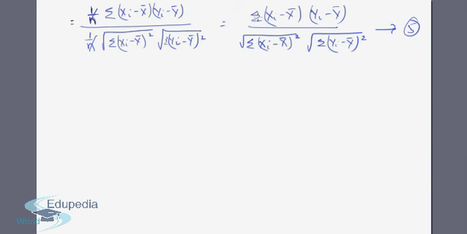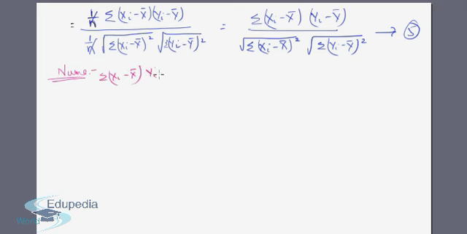Let's take the numerator alone from here. The numerator is summation xi minus x bar times yi minus y bar. Let's split this. We will have summation xi minus x bar multiplied by yi, minus summation xi minus x bar times y bar.